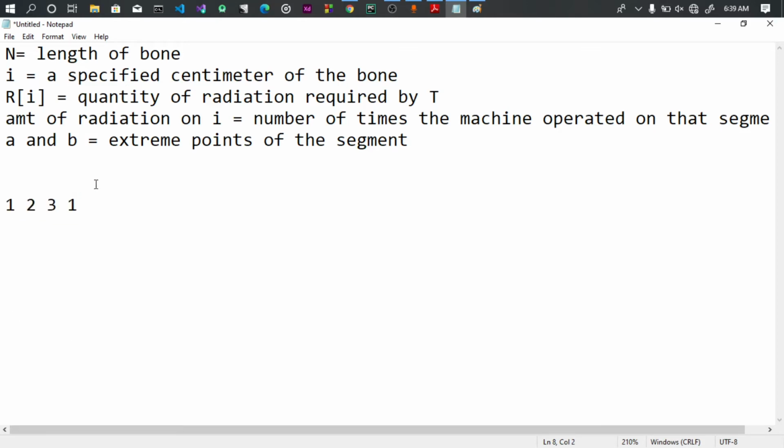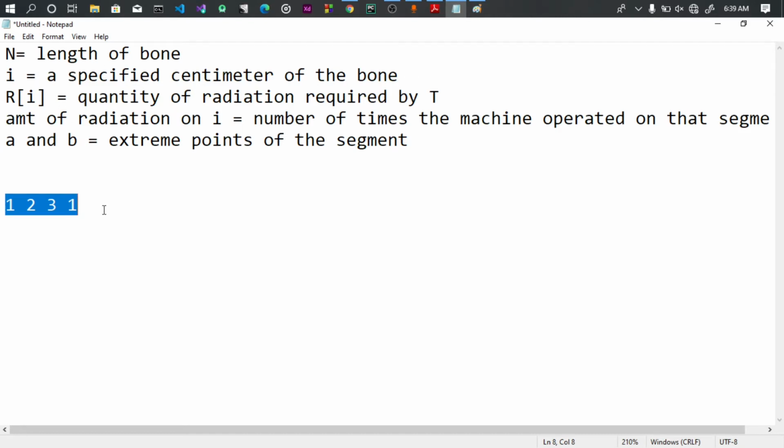So for this number of values given to us, the best way to approach this will be to look at the maximum possible way in which we can apply radiation to all of these at the same time. So we'll have one operation and one radiation in each of them.